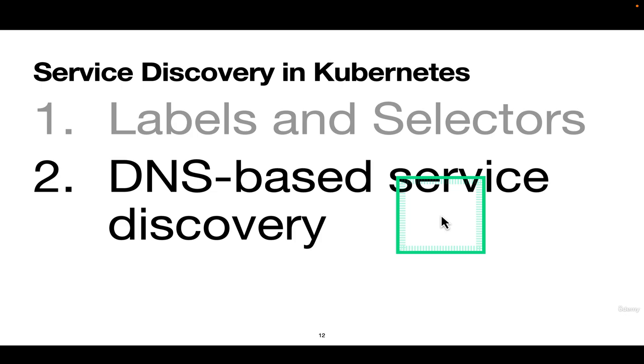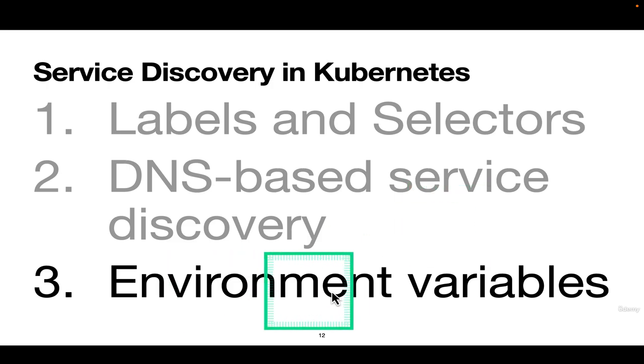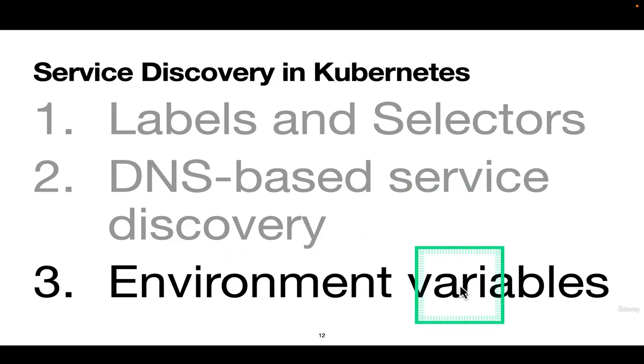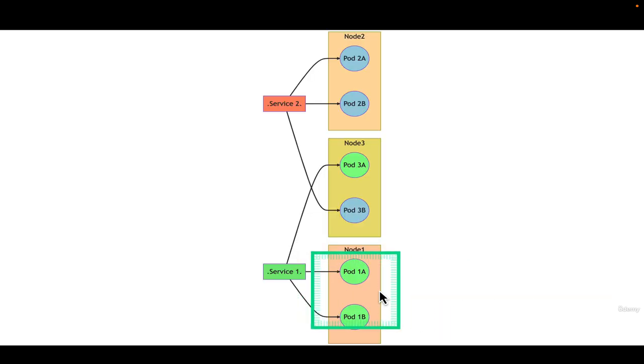Kubernetes supports DNS-based service discovery where pods can access a service using its DNS name, which resolves to the service stable IP address. Environment variables. Additionally, Kubernetes can inject environment variables into pods containing the IP address and port number of a service, allowing for programmatic access to the service.